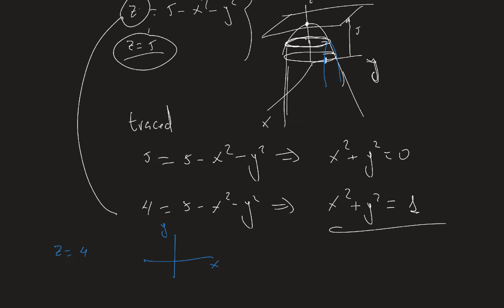So I will do something similar, and I will place theta equal 4, and I will have the equation of a circle of radius 1. It means that the set of points that have height 4 is on this plane xy, and this is the level curve.